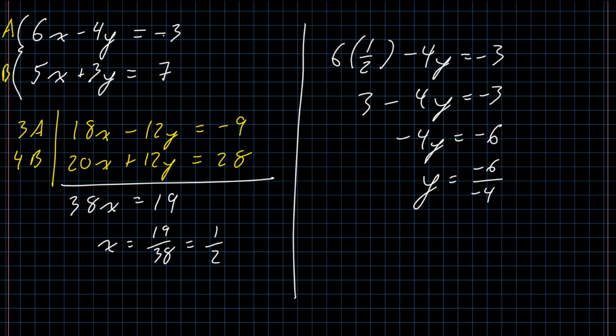So I get that y is negative 6 over negative 4, and that fraction reduces and becomes positive 3/2. In this case, my ordered pair is going to be the point (1/2, 3/2).